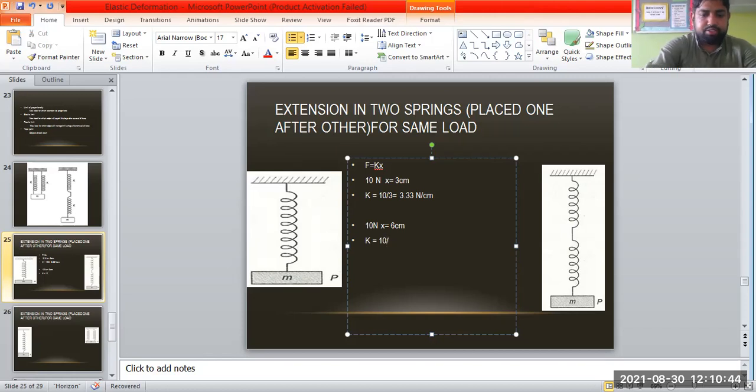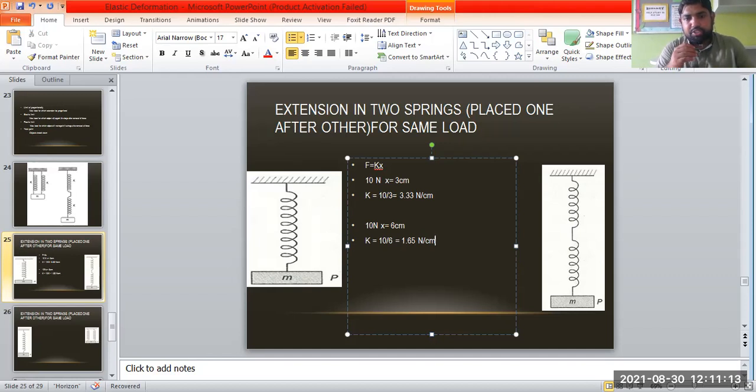So now the K value will change, and it will be 10 upon 6, that is 5 upon 3, and I guess that will be 1.65 or 1.66 newtons per centimeter. So that will be the K now. It means you can see that the stiffness of the spring has decreased.